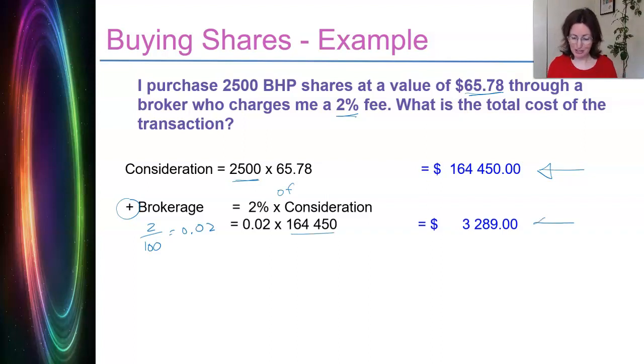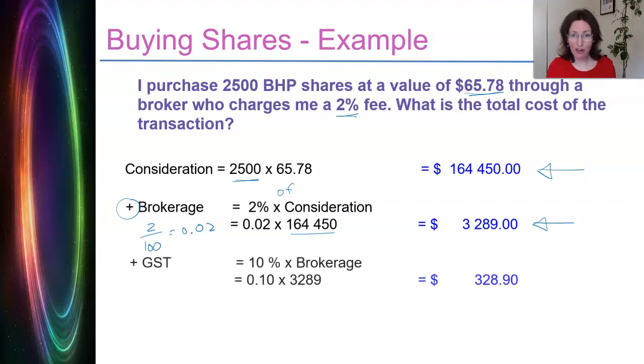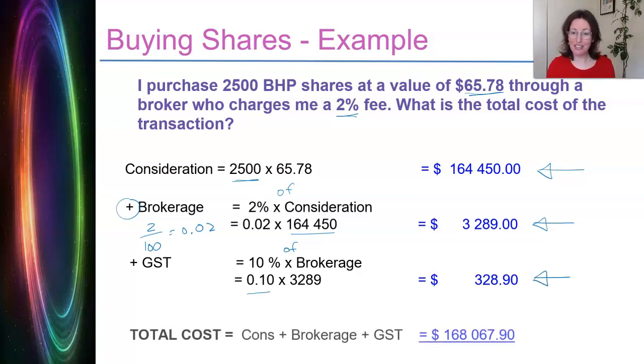So this is the brokerage fee here, $3,289, and 10% of that brokerage fee, 10% of the $3,289. Remember, 10% as a decimal, 0.10, and here's the extra amount. So adding all three of those up, this is the total amount that we have to pay. The consideration, so cons short for consideration, plus the brokerage fee, plus the GST just on the brokerage.